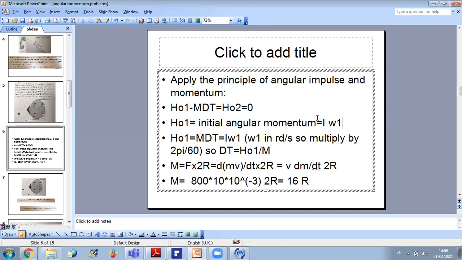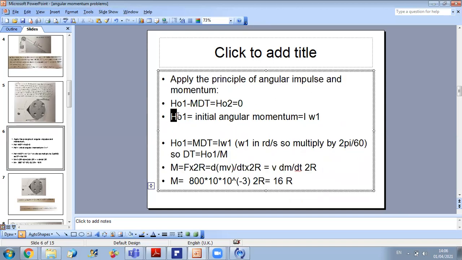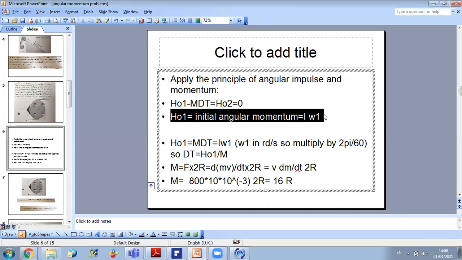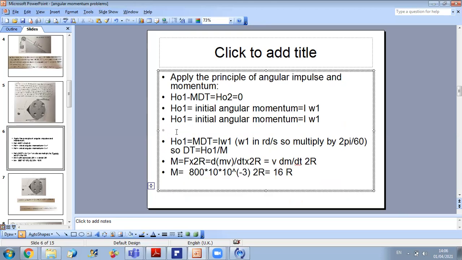Okay, H_O2 is the angular momentum at the final state. I will write it here: H_O2 is the final angular momentum. Since the final omega is 0, what will the final angular momentum be? Zero. So it is equal to I omega 2, which equals 0.